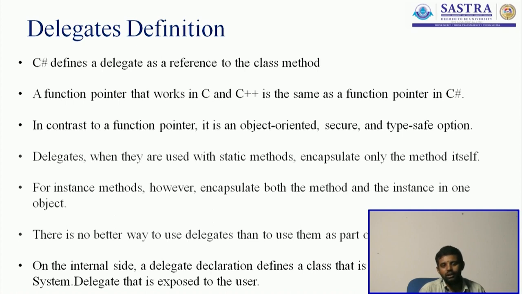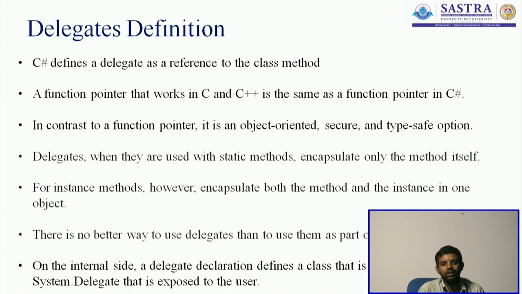But later, whatever technologies came into existence, something like Java or our .NET is concerned, these languages are omitting the explicit feature called pointers.